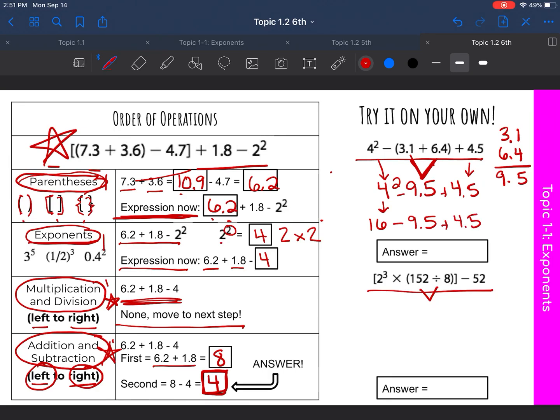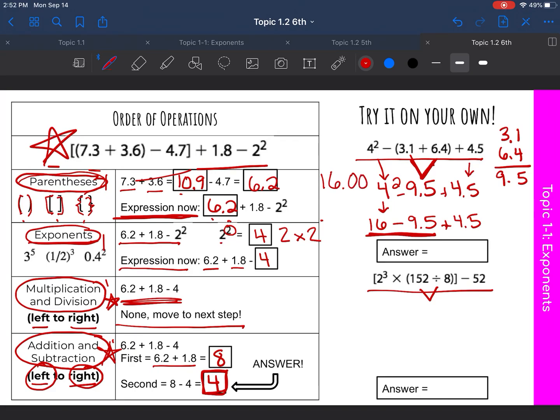Okay, now we're just left with subtraction and addition, but it's always left to right if we're left with both of those things. So 16 minus 9 and 5/10, that's our first step. What I would do if you're subtracting these, you can write it on the side.